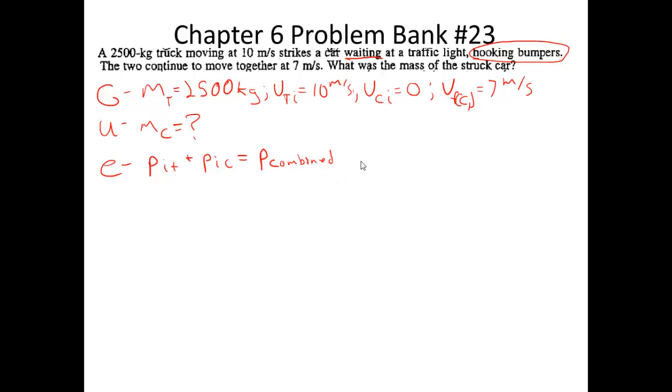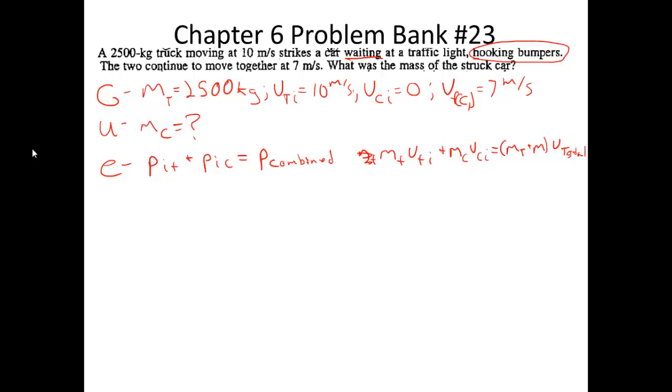And again, that looks like m sub t times v sub t initially plus m sub c times v sub c initially is equal to our two masses times the total velocity, or the combined velocity, I should say.